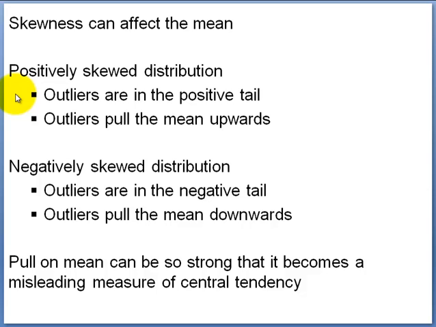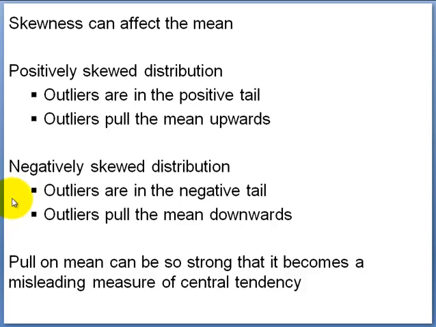It's the positive tail that elongates. That's where the outliers are located. So if that positive tail stretches out far enough, the values there become increasingly extreme. If you've got outliers way out there in the positive tail, when you compute the mean, it's going to pull the mean upwards.